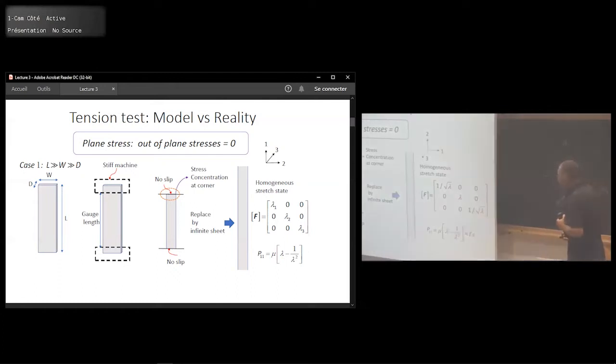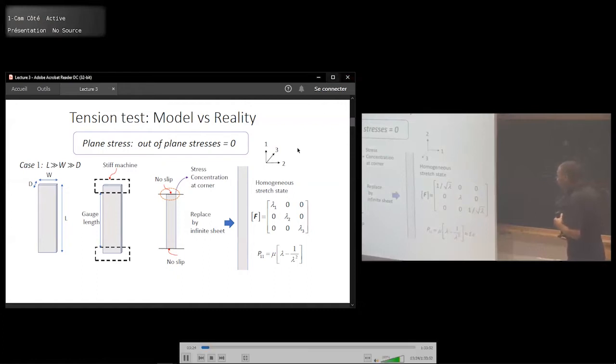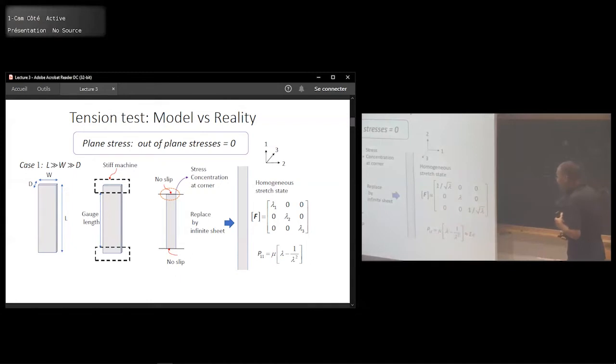We already solved this problem last time: the nominal stress is basically the small strain shear modulus times this factor. And for very small strain, if lambda is very close to 1, this is equal to the Young's modulus times the extension of the bar. This is something that you all know.